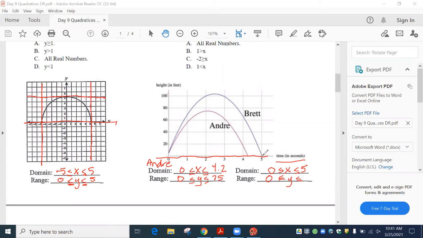So 0 is as low as it goes. As high as it goes, like 104, 103, 105. Let's go 105. We'll just stick with the number 5. So he is really throwing that ball up high.